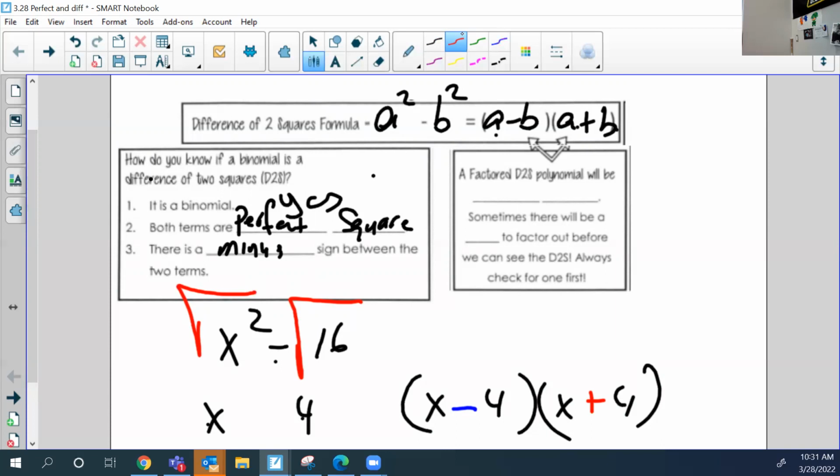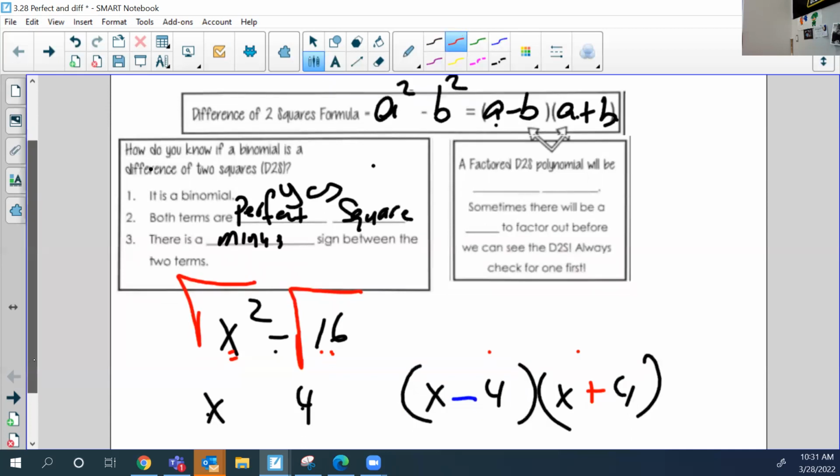If you use the box method to multiply these two terms, you get x squared minus 16. Right? So that's how we factor a polynomial when it's a binomial. But you got to go through the checks. You got to make sure that both terms are perfect squares. All right. You got to make sure it's a binomial and then it's a minus sign. All right.